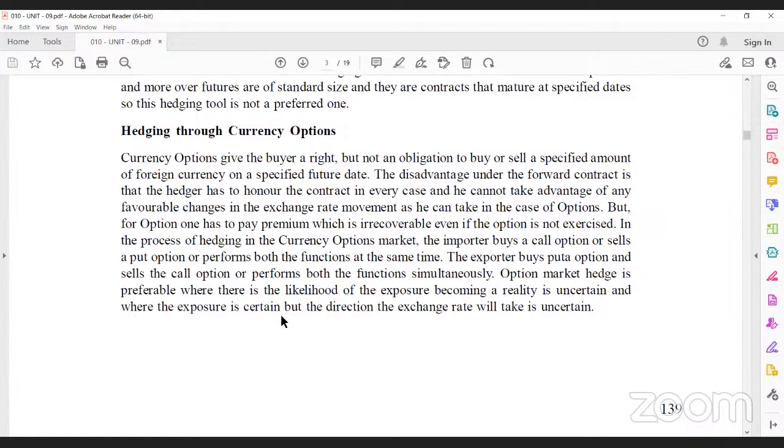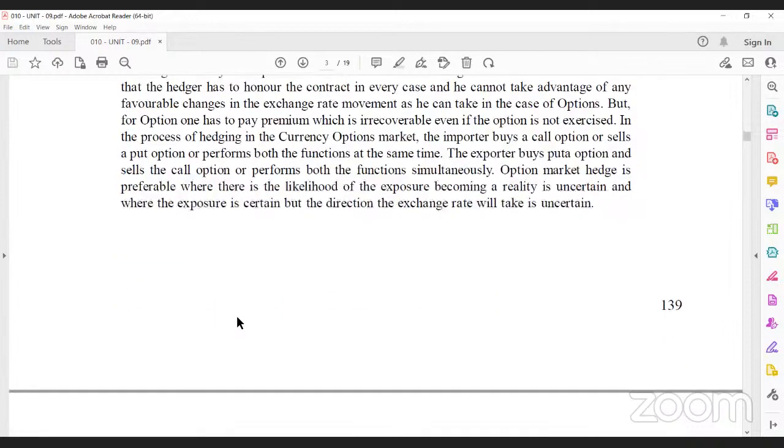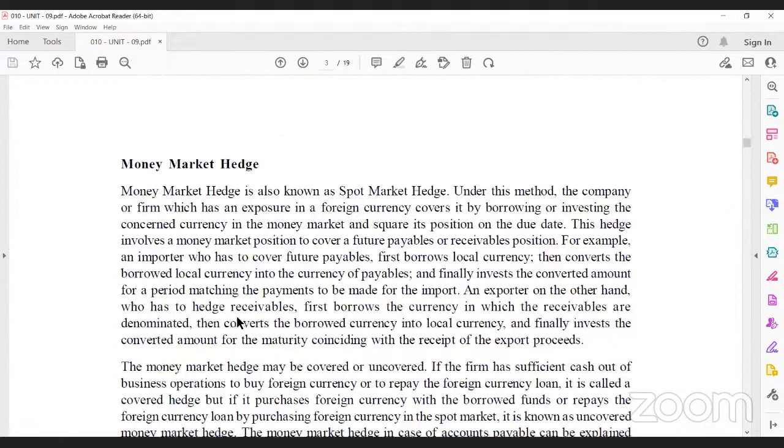When the exposure is certain, but the direction the exchange rate will take, either increase or decrease, is uncertain, in that case, hedging through currency options is a better choice.